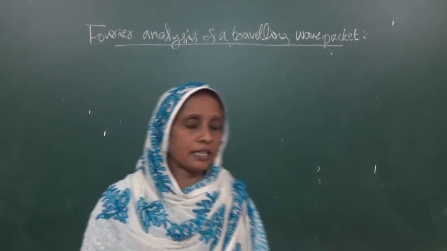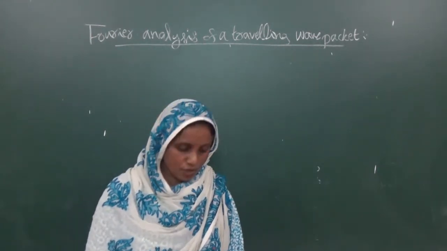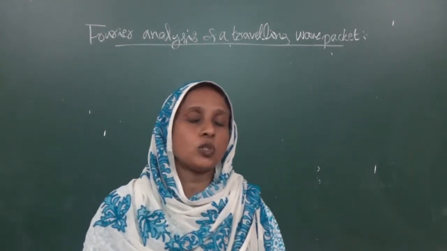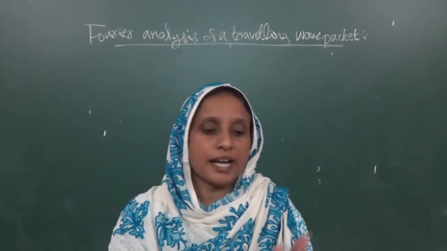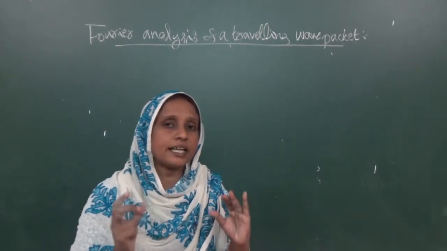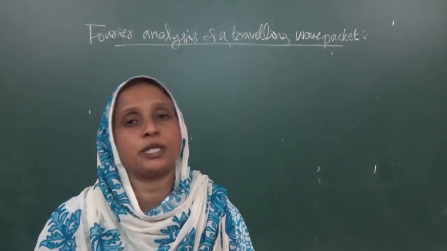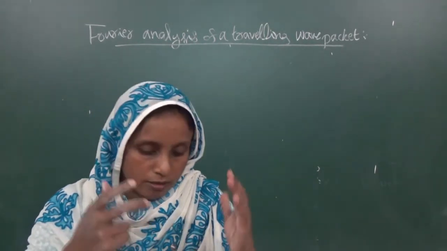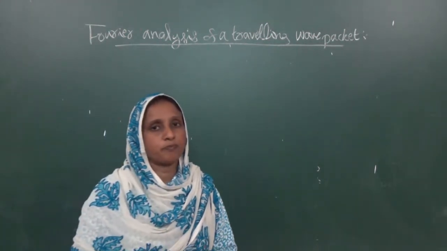So we can check the Fourier analysis of a traveling wave packet. For that, assume that a transmitter at z equal to 0 transmits radiation into a homogeneous continuous medium. The disturbance or the radiation propagates through the medium.